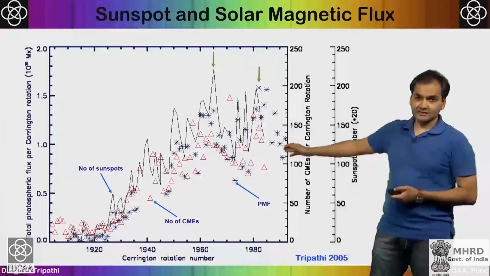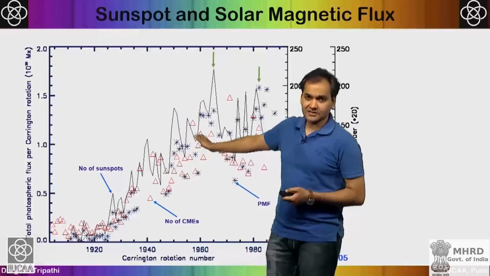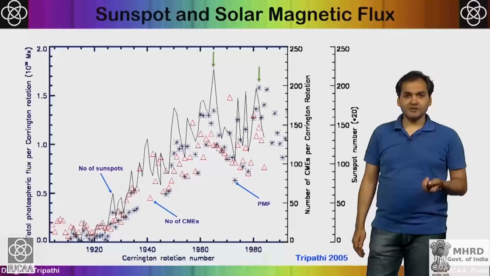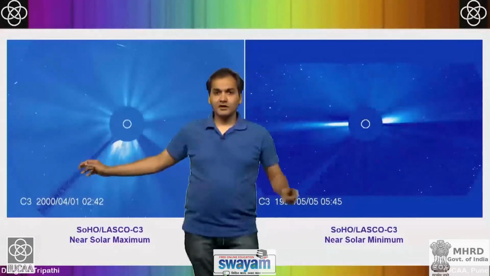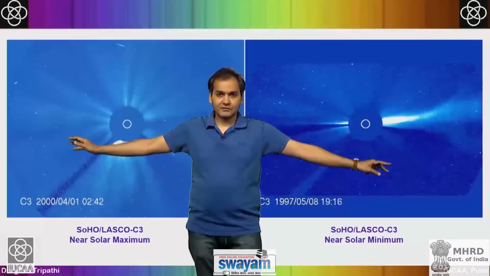I said that the number of coronal mass ejections correlates very nicely with all the magnetic field and sunspots you see on the surface. If you image the outer corona, here is the corona during solar minimum and here is the outer corona taken during solar maximum.